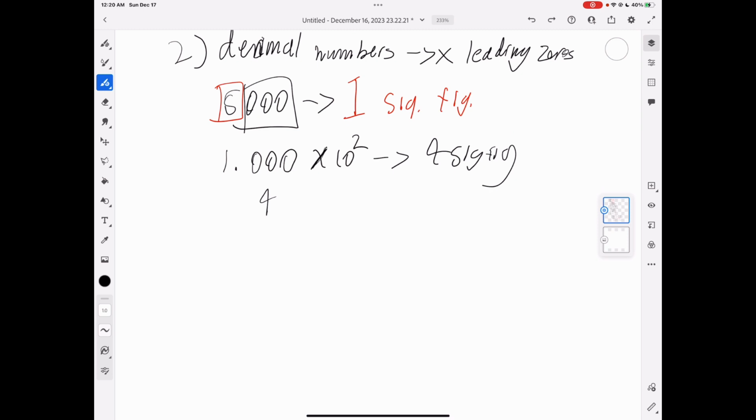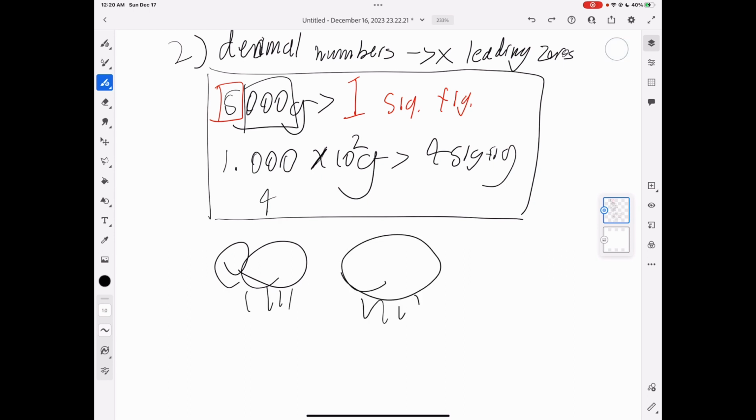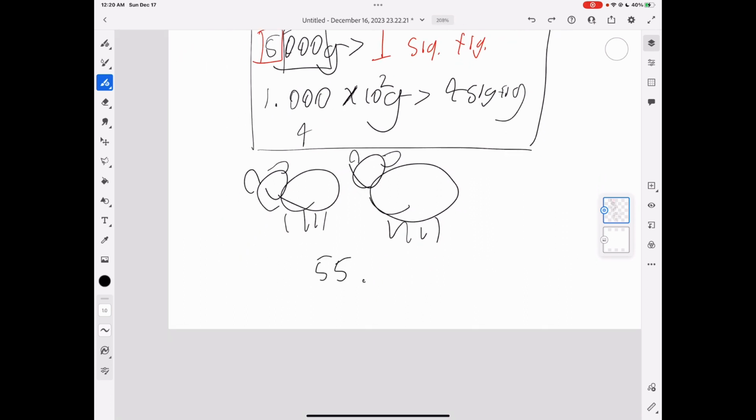So an important thing to note is that sig figs are only used in measurements. So all of these have to have a unit. Defined values or counted values do not have significant figures. So let's say I see 2 sheep since it's hard to draw, and they both weigh, let's say, 55.62 kilograms.